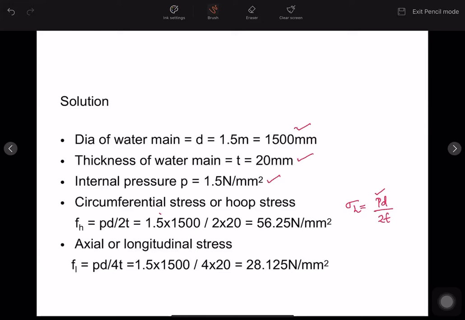P we have 1.5 and D 1500 divided by 2 times of small t. Small t is 20. If we calculate, it comes as 56.25 Newton per mm square.